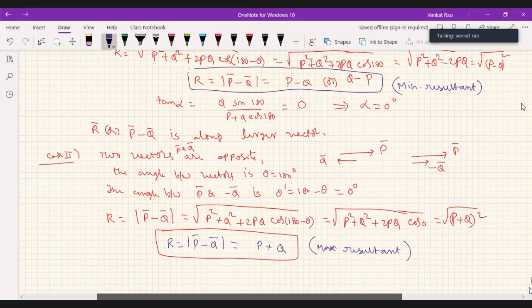So here, when two vectors are in opposite direction, minus Q is along P bar and they will add up and the resultant will be P plus Q. And when two vectors are in the same direction, minus Q is opposite to P and the resultant is minimum. So the results of addition and subtraction are reversed for 0 and 180.